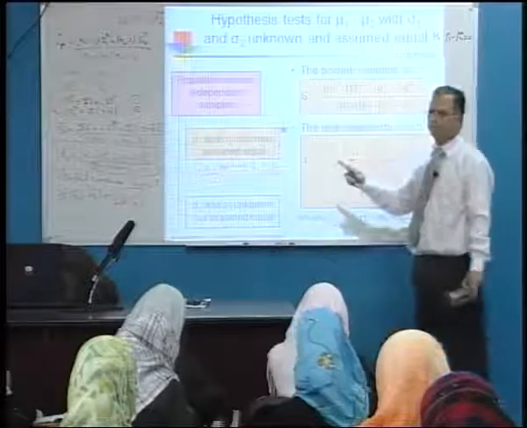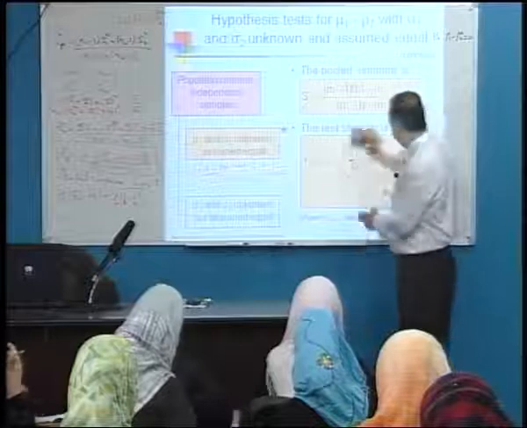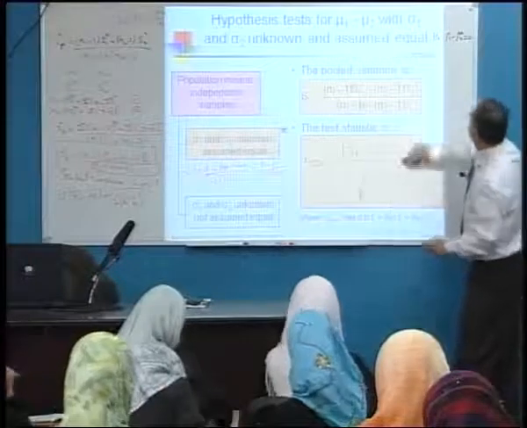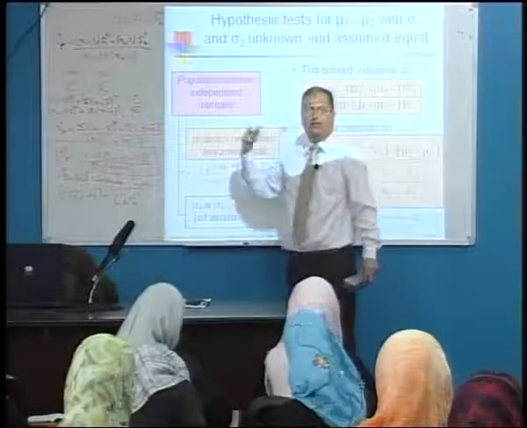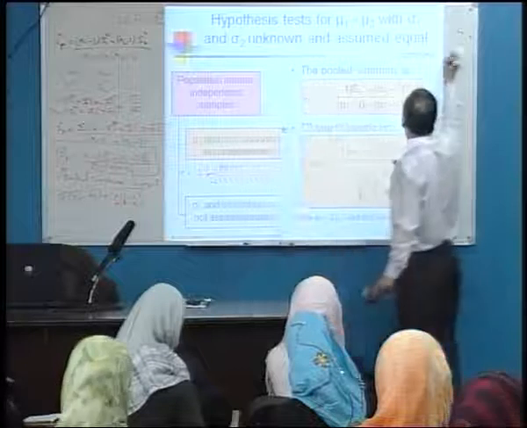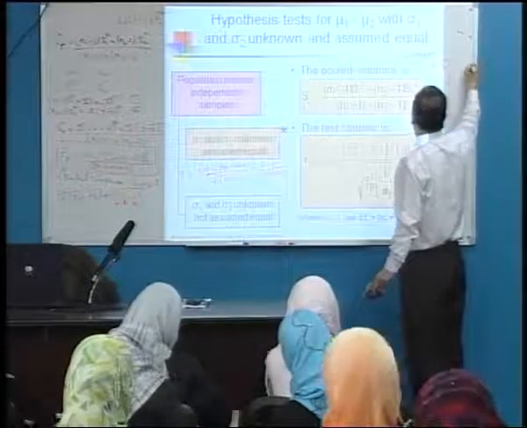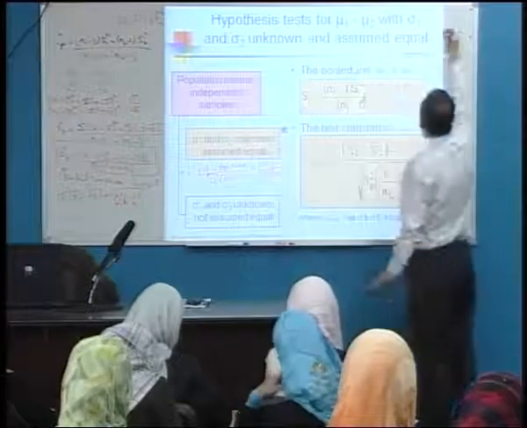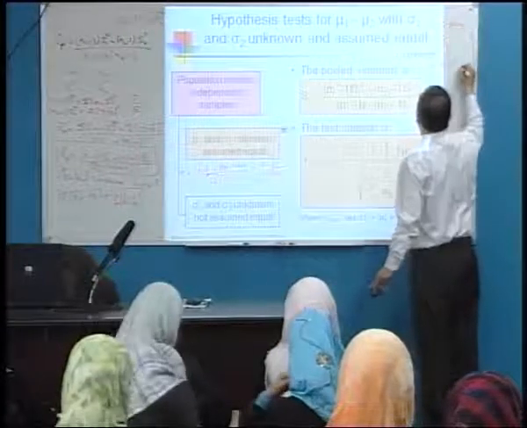That's for one sample. Now for two samples, what should we have? The estimate for the difference is x1 bar minus x2 bar, minus the hypothesized value. Under H0, we are assuming mu1 minus mu2 equals 0.